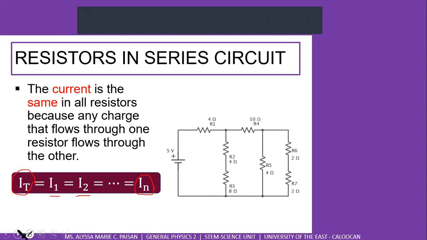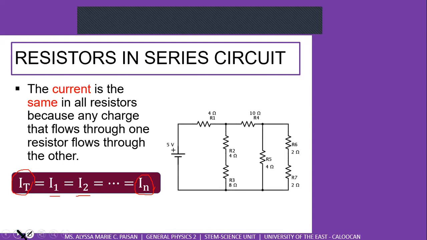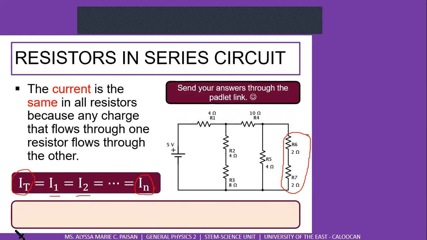Okay? So let's have this example of a combination circuit. Let's take a look at R6 and R7. R6 and R7 are connected in just one wire. Therefore, they are in series with each other. In our actual class, we'll set that up in Padlet, but here, you will watch this after our class. Let's have the R6 and the R7 as an example.